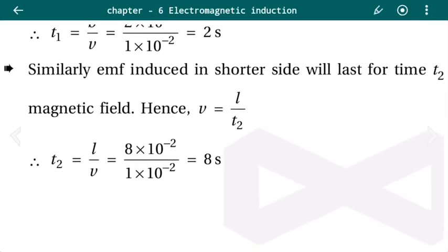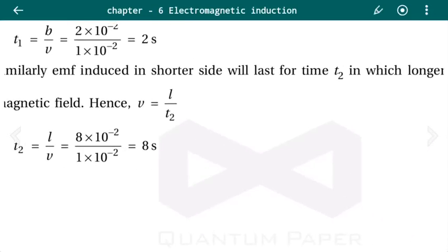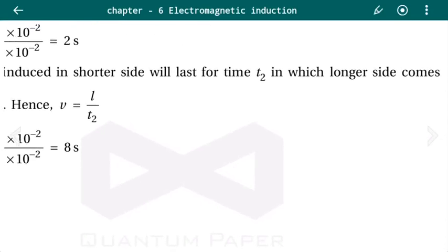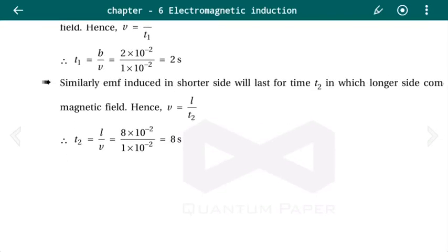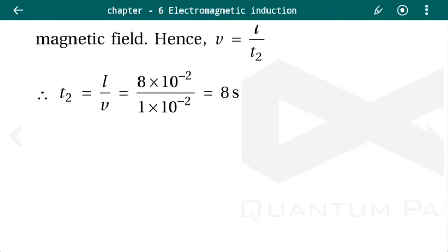Similarly, the EMF induced in the shorter side will last for time t2, in which the longer side comes out of the magnetic field. Hence, V equals L upon t2, so t2 equals L upon V. Again using the equation of velocity, taking time as the subject, and here the distance is taken as the length of the rectangular loop.